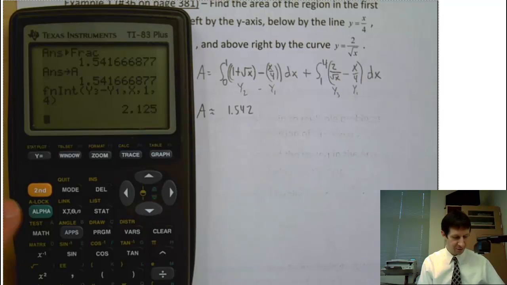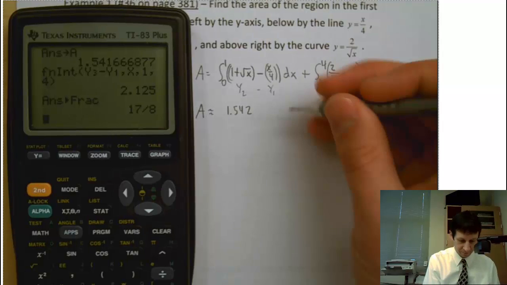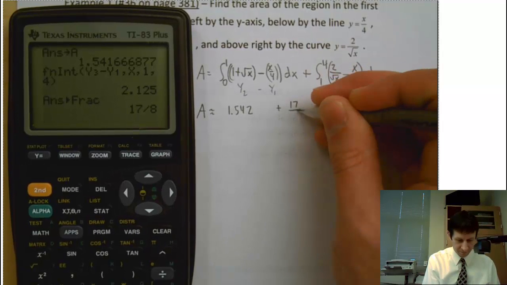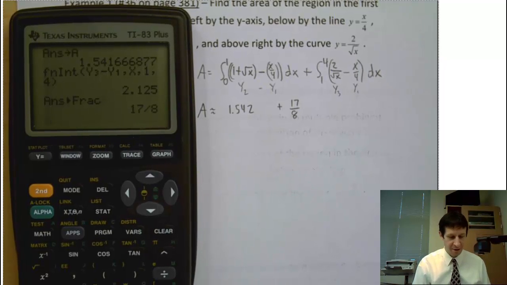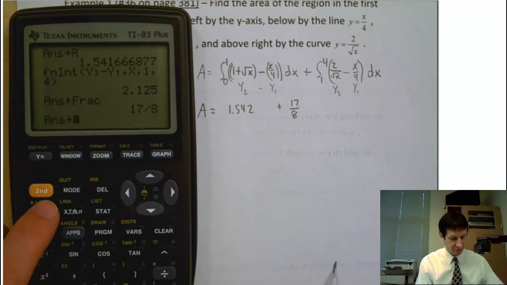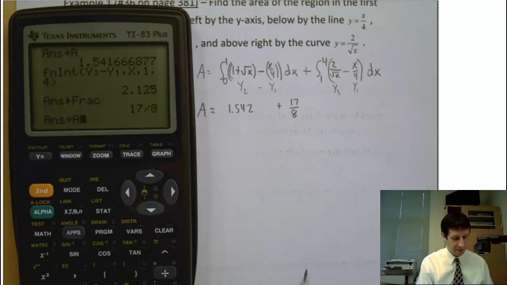That one's going to be a nice fraction. Probably doesn't matter since we have this other decimal. We're going to end up with a decimal here. So I want to take and add that to what I stored in alpha A.